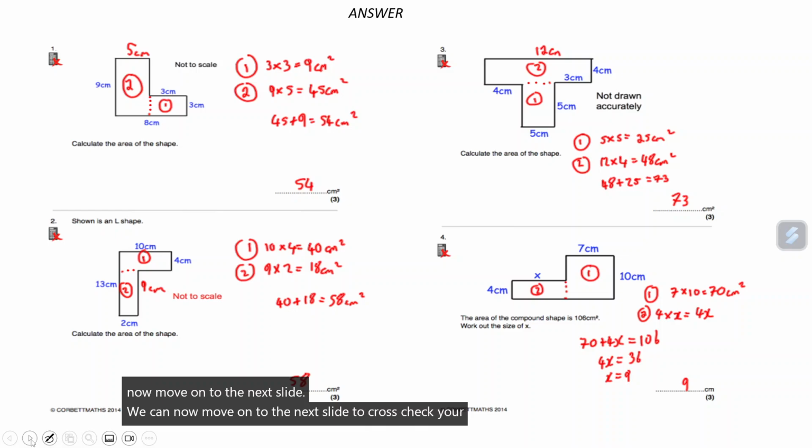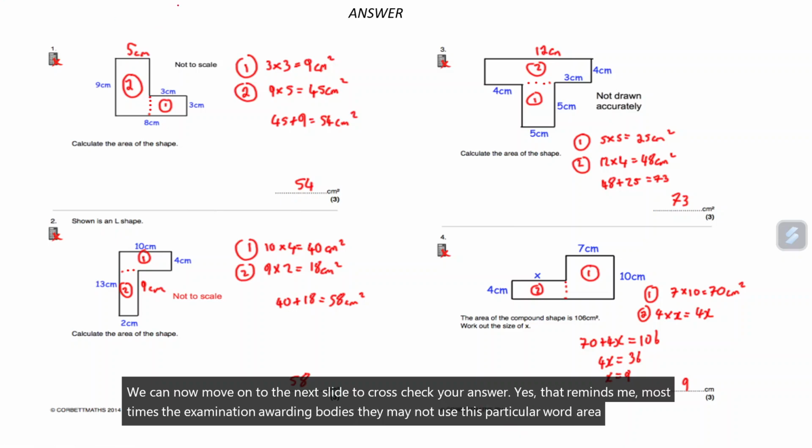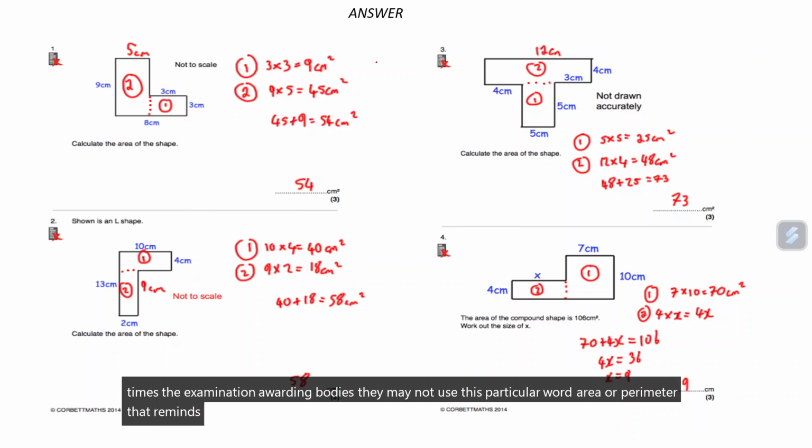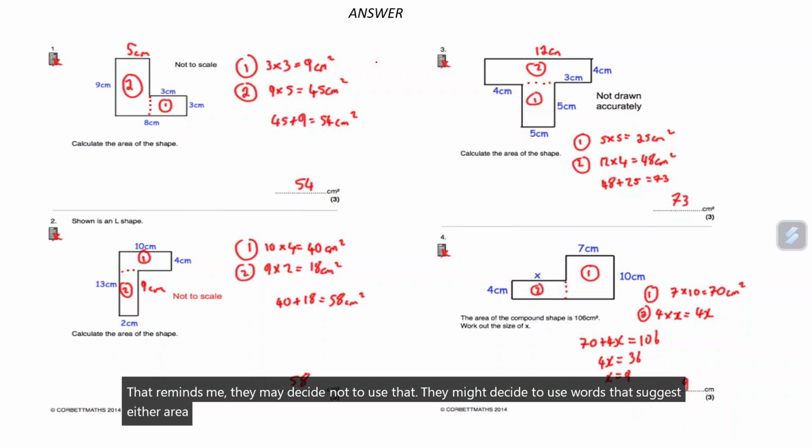Yes, that reminds me, most times the examination awarding bodies may not use these particular words, area or perimeter. They might decide to use words that suggest either area or perimeter. So you need to be careful. You need to be conscious.